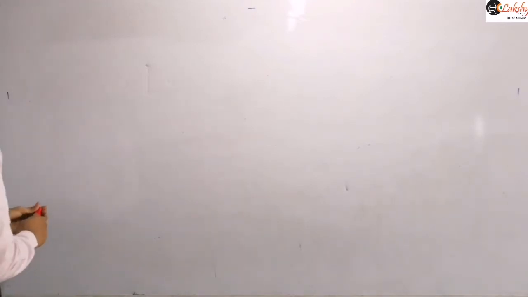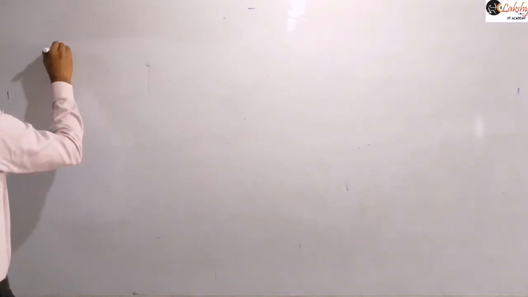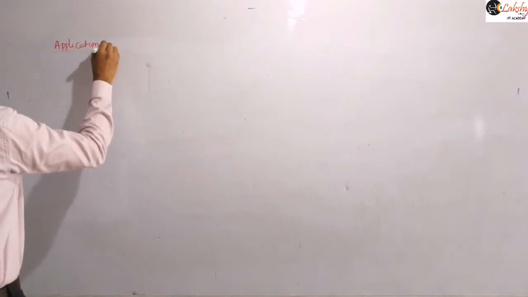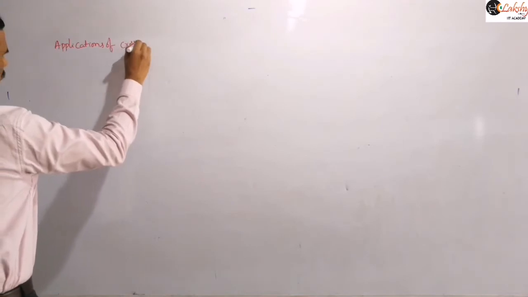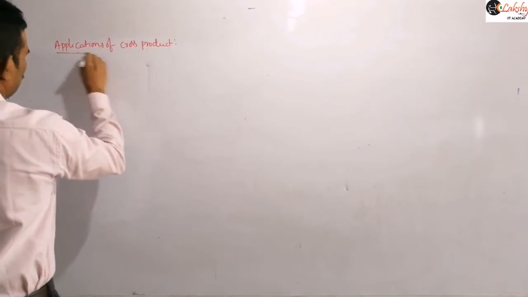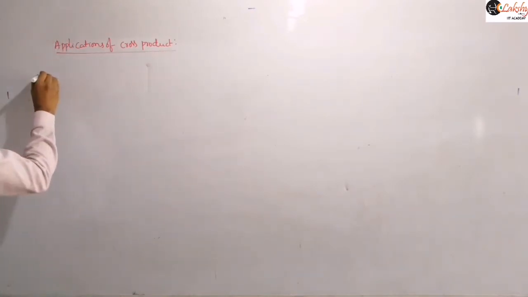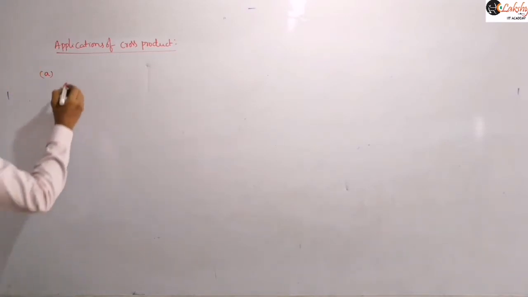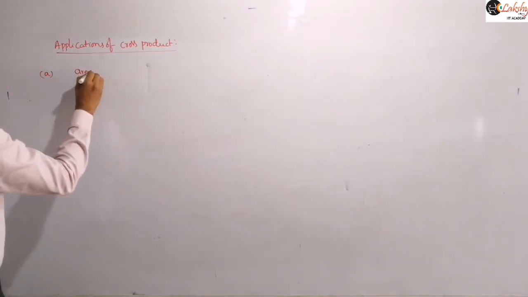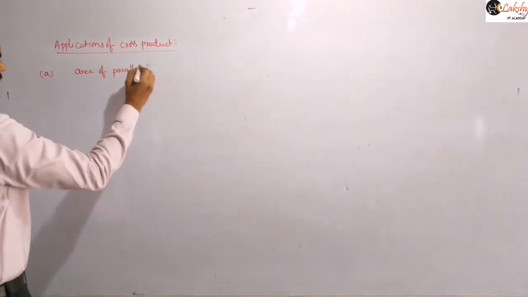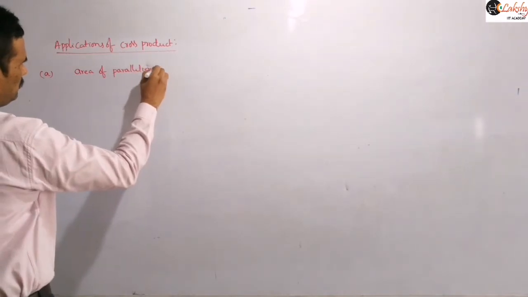So now let us see the applications of the cross product of vectors. The first one I am writing is the area of a parallelogram.